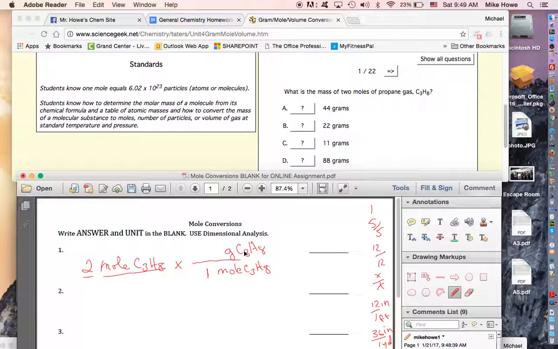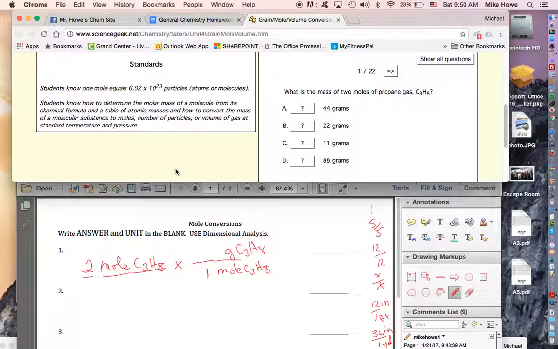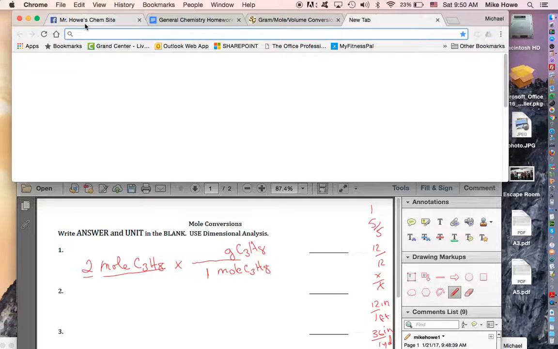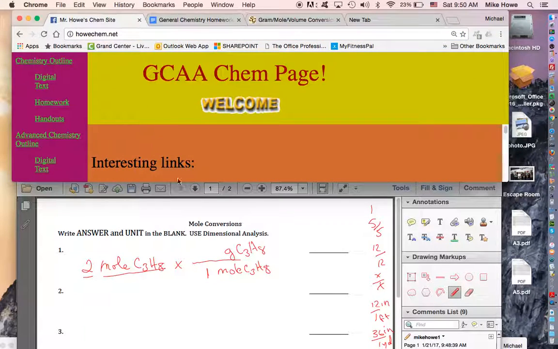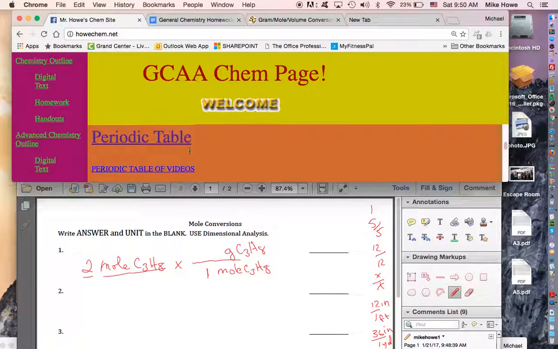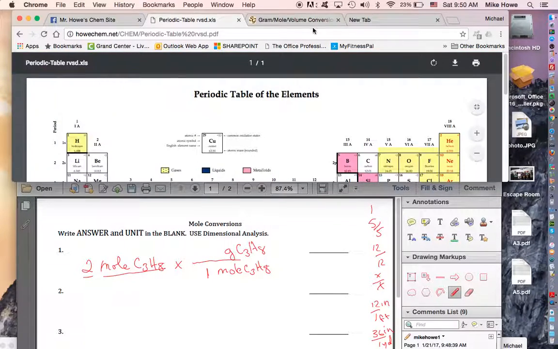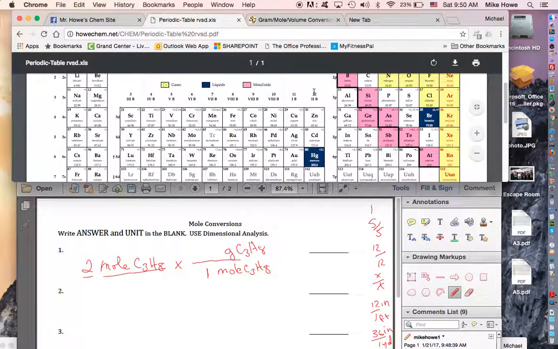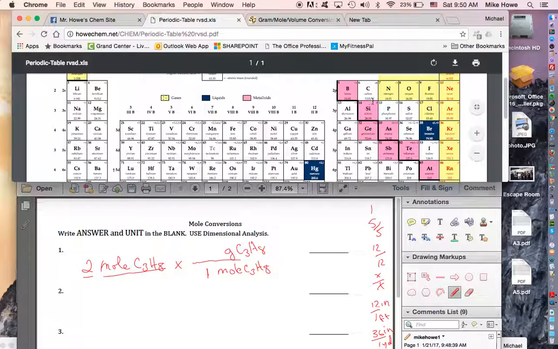To find the number of grams in a mole, we have to add up the weights, as we were doing earlier. Let's open up another periodic table. You remember carbon has a mass of 12 and hydrogen has a mass of 1.